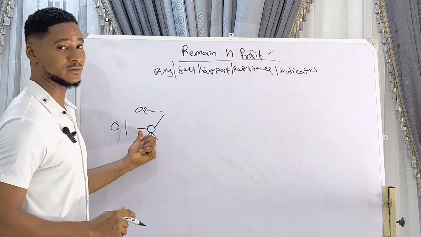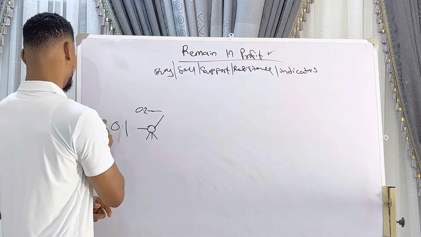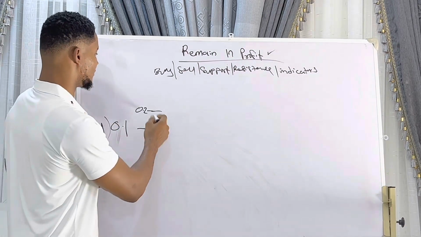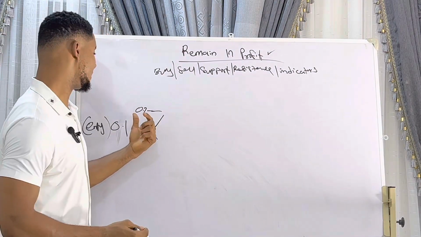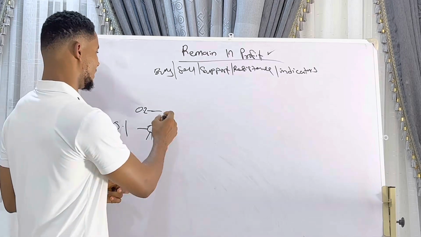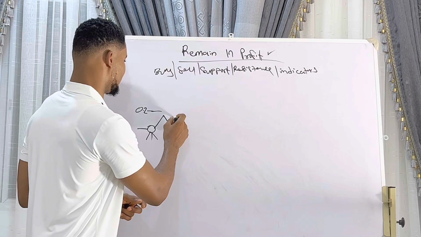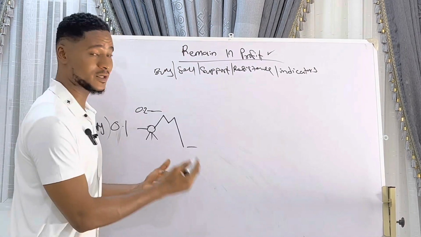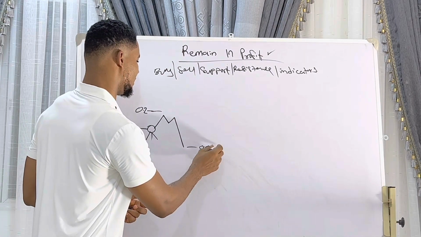Remember, this is where you entered, and this is your entry. You bought at 0.1, it goes to 0.2, and at this point you are already in 100% profit, and it is possible we might see something like this in price, and here the price becomes 0.08.